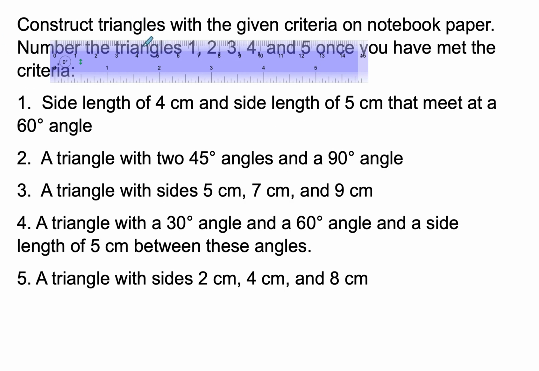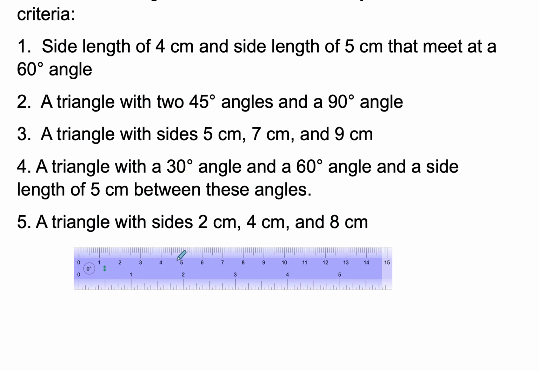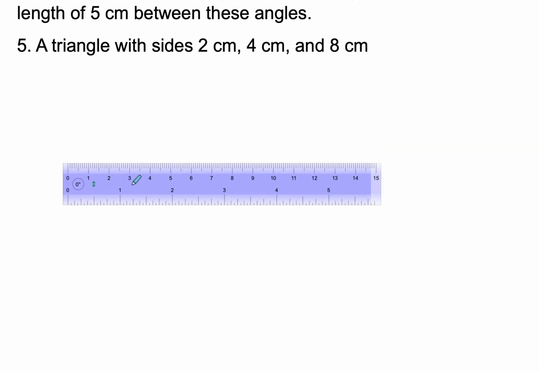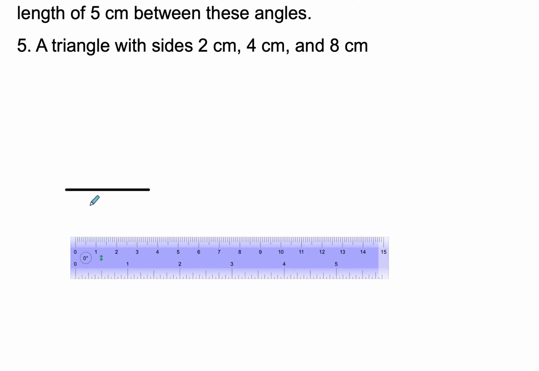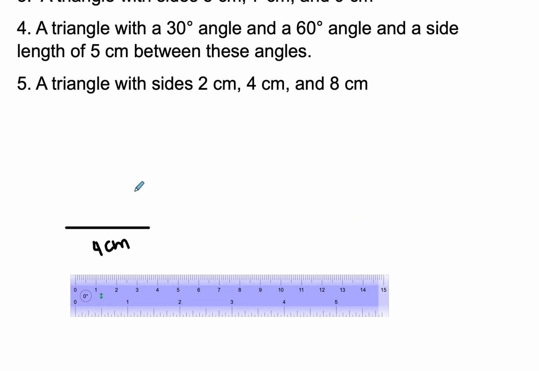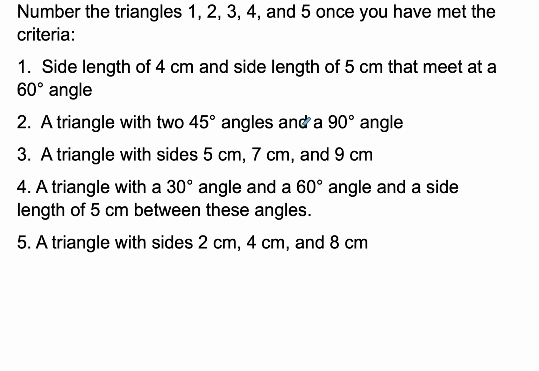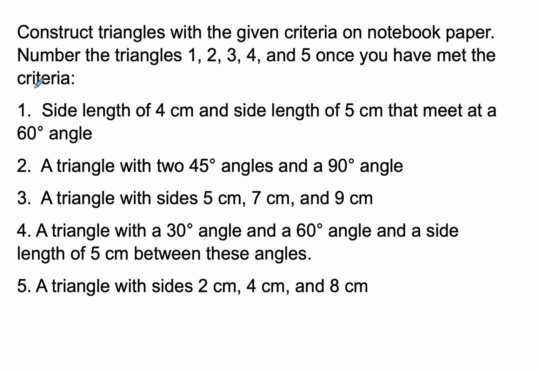Where's my ruler? Here it is. Okay, 4 centimeters. Make sure anything they tell you to draw that you label. So 4 centimeters, 5 centimeters meet at a 60-degree angle.